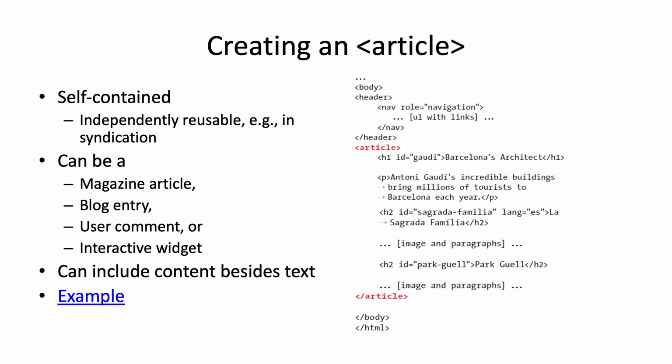And this is an example. Before we look at the page, we can look at the code. So this is the header part and nav we talked about, and that's the article. In this particular case, the article covers all the main content on the page, which includes one heading, a paragraph, a second level heading, some images and paragraphs, and another section.